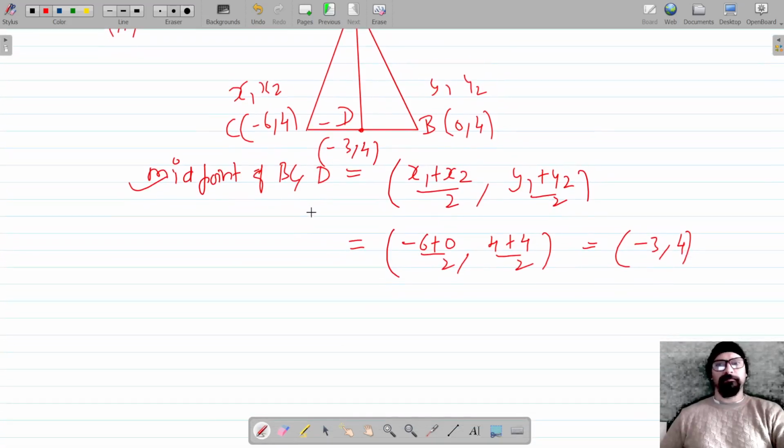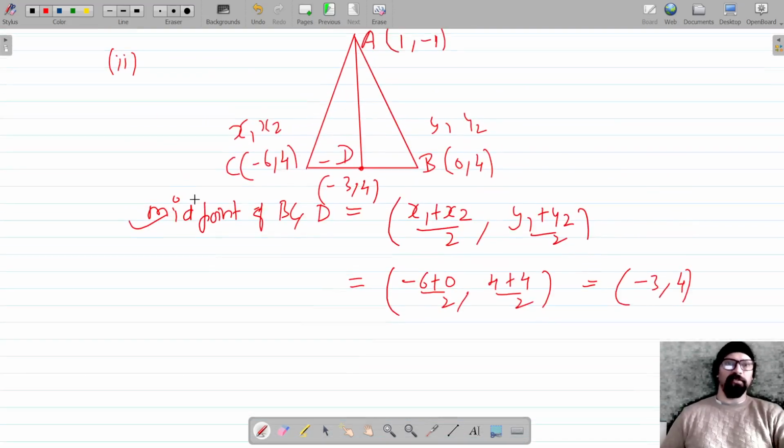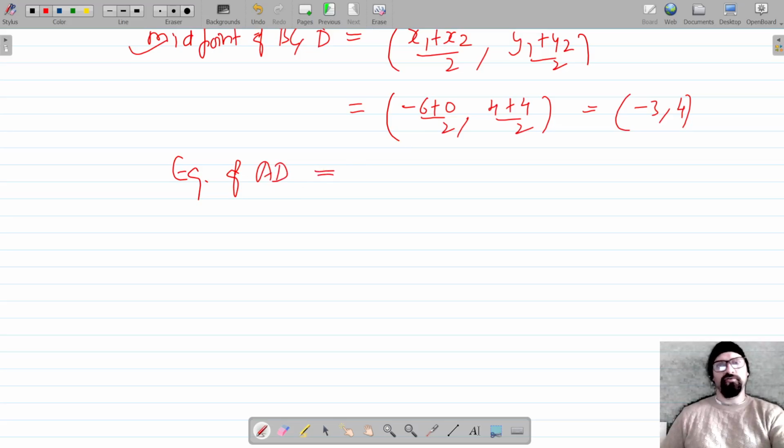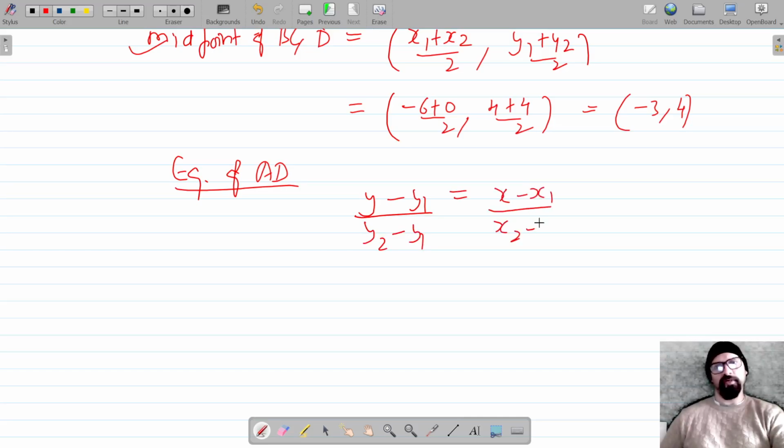Now AD is the median. So we have to find the equation of median AD, and AD is passing through 2 points. The equation of a line passing through 2 points is given by the formula: y minus y1 upon y2 minus y1 is equal to x minus x1 upon x2 minus x1.